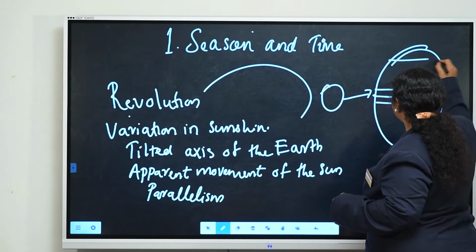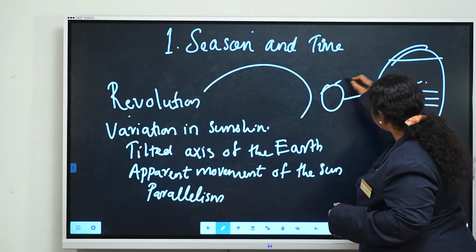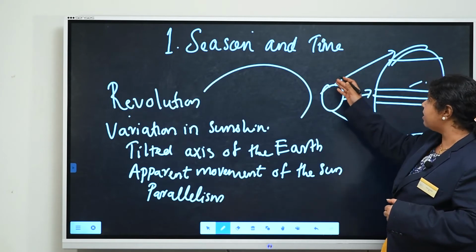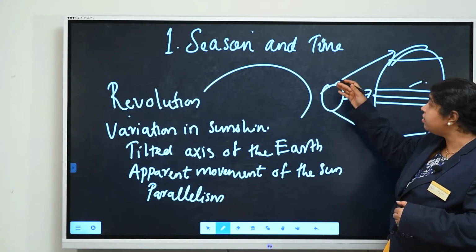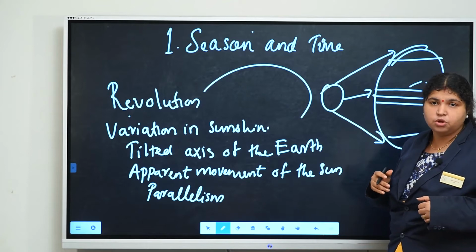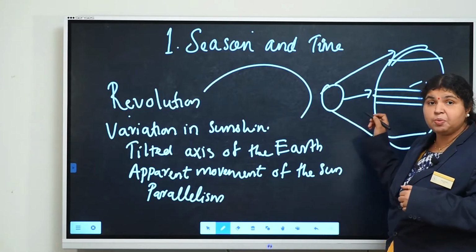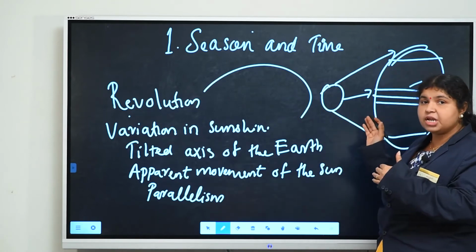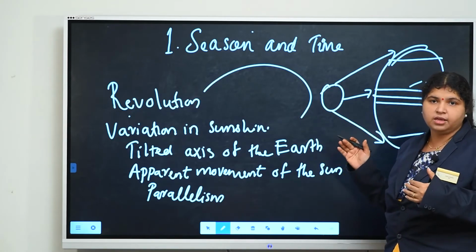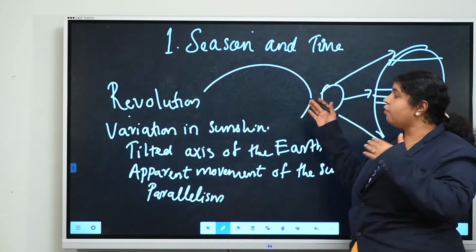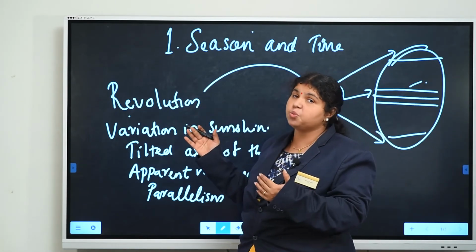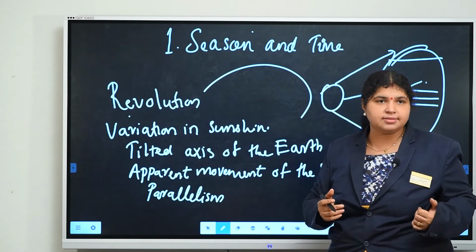At the same time the polar region experiences inclined sun rays. Inclined means the sun rays have to travel a long distance to reach the poles. The regions that experience direct sun rays experience summer. So along with revolution, variation in sunshine is a major cause for the occurrence of seasons.